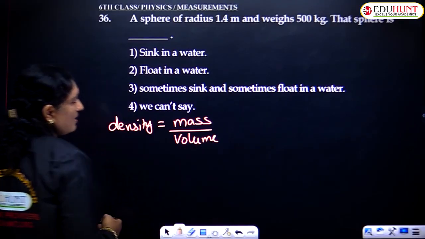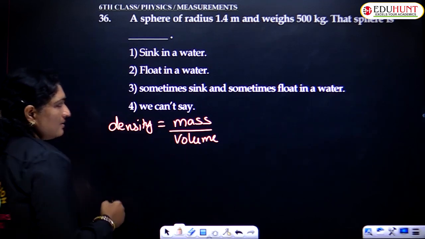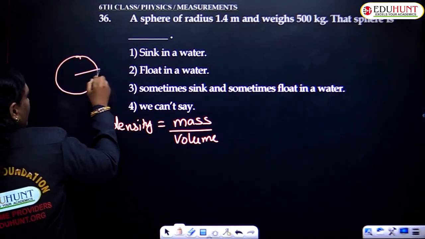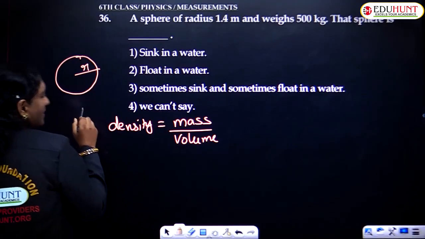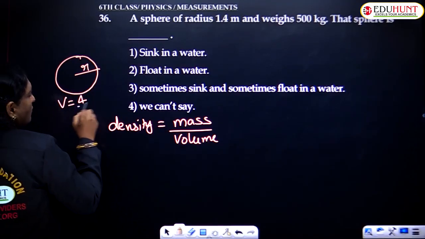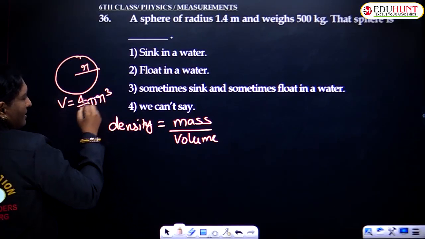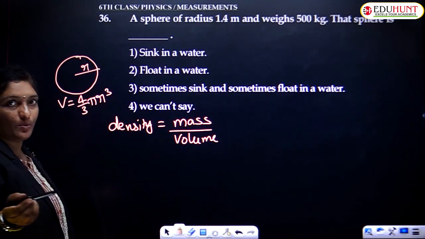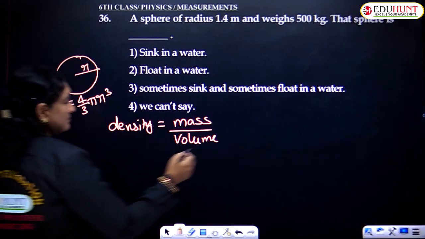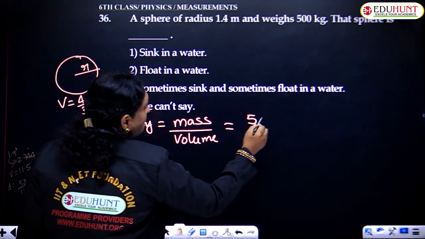Isn't it, children? As it is spherical in shape and radius is given, the formula for volume of the spherical body is 4 by 3 pi r cube. The value of pi is 22 by 7 and r is the radius of the sphere. Hence, mass is directly given as how much, children?